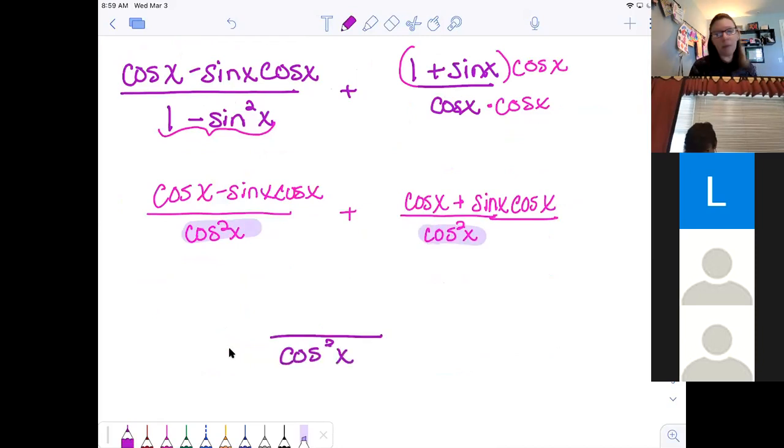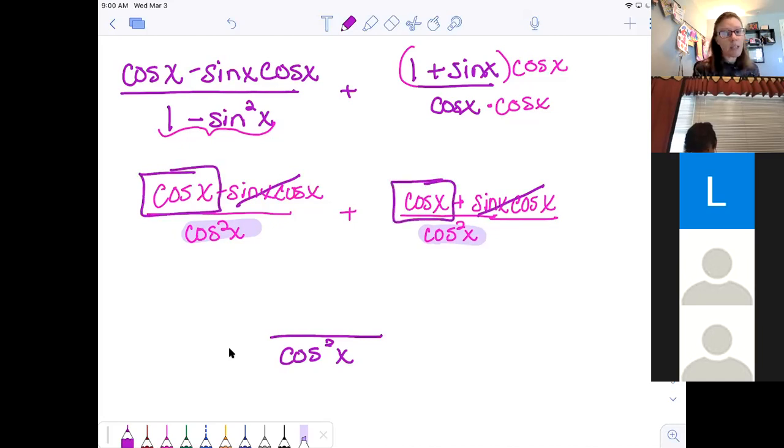So when you have a common denominator, you add the top together, but the bottom of the fraction is still there. So if I had like 3/5 plus 2/5, or 3/5 plus 8/5, the denominator stays as 5. You add the numerators together. So when we add these numerators together, our sine, cosine, one of them is positive, one of them is negative, so they cancel. And then we still have a cosine plus a cosine.